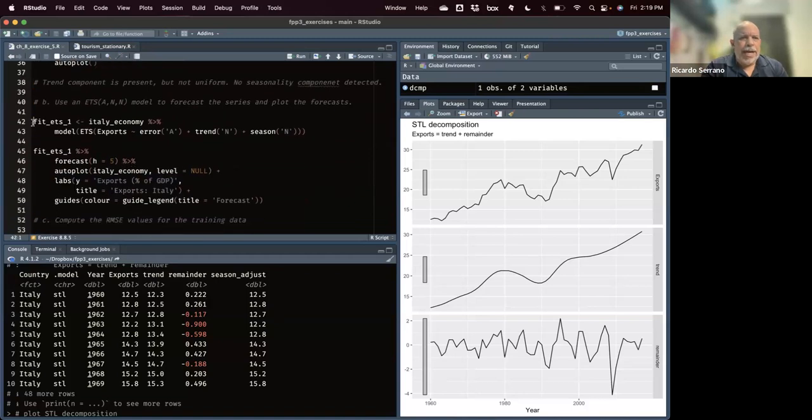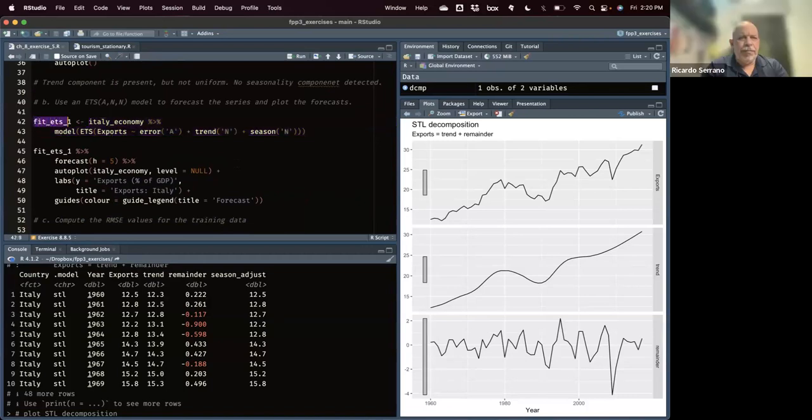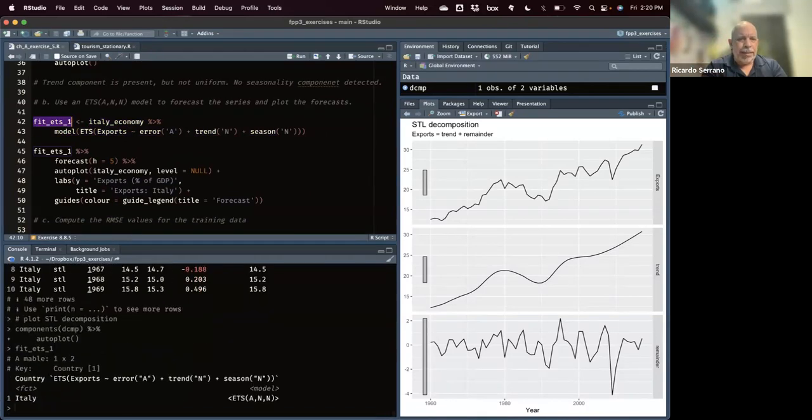So when I did the first model with the ETS ANN, what I do is that I pipe the dataset to the model, and then save it as a fitted object. I'm calling it fit_ets_1 because I know that I'm going to do another model, to differentiate it. I get all the components of that object.